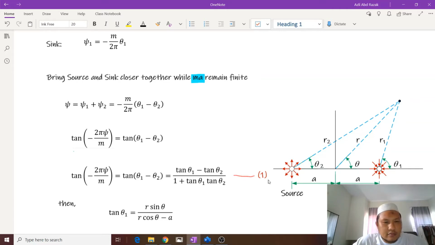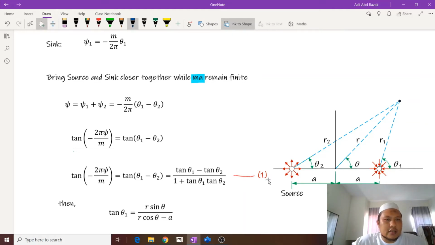If we look into them further, we can make a simplification, because these equations can be written like this.